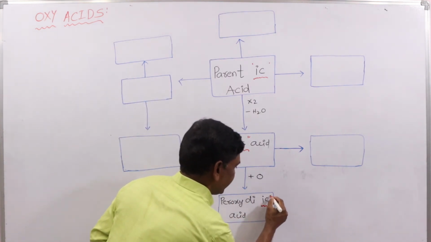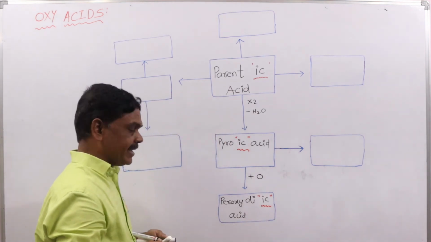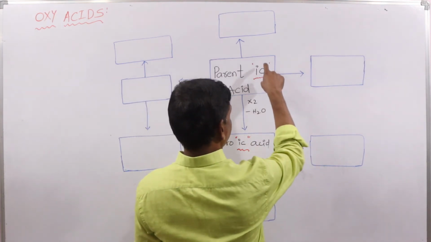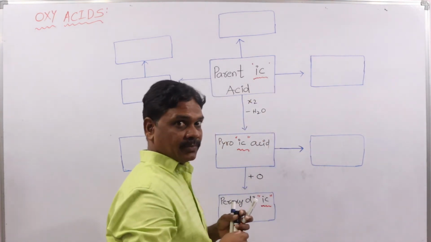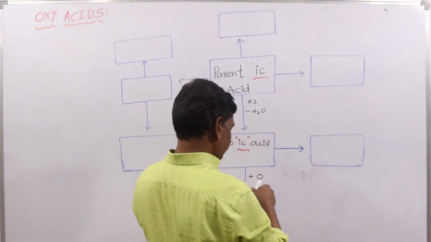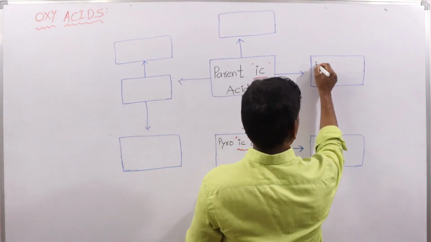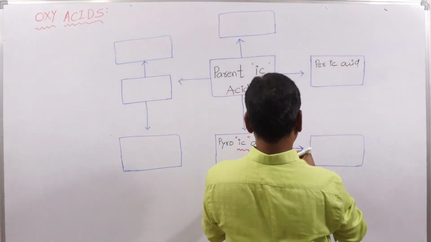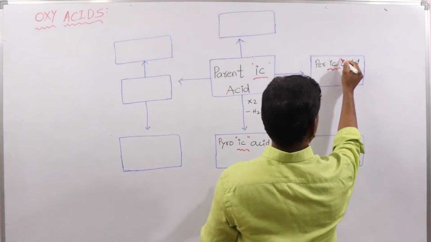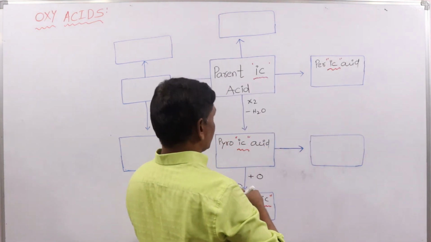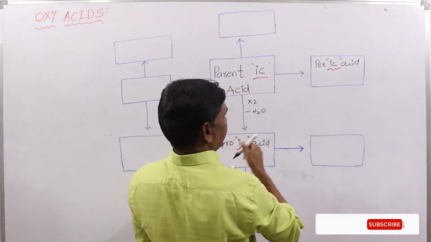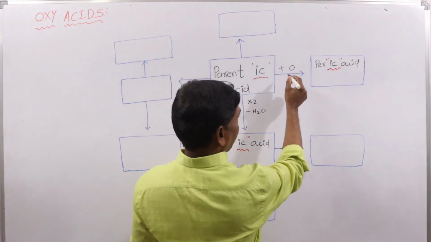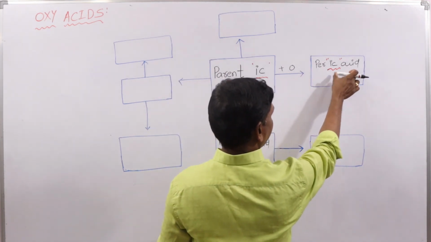So here also we are getting an -ic acid. From the parent -ic acid, if we add one oxygen, we are getting per -ic acid.